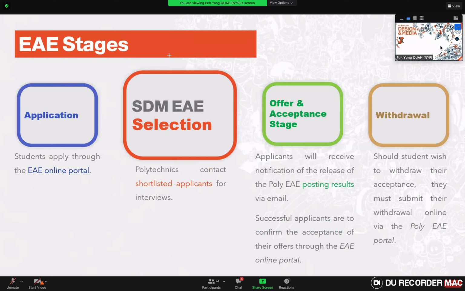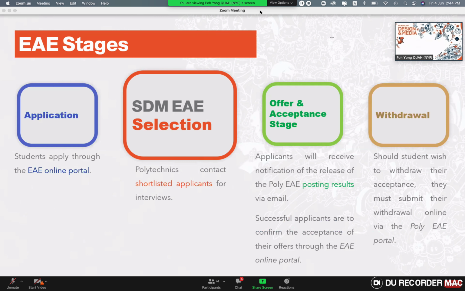So the EAE exercise, this is roughly the whole exercise. The first thing you need to do is go to the EAE online portal, which is managed by MOE. You do a 600 character write-up on why you have chosen the course.